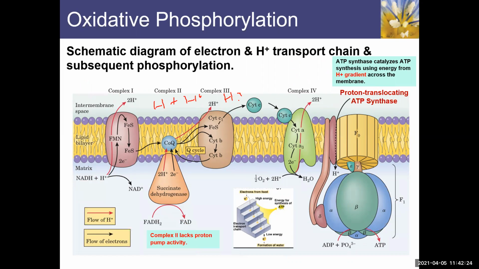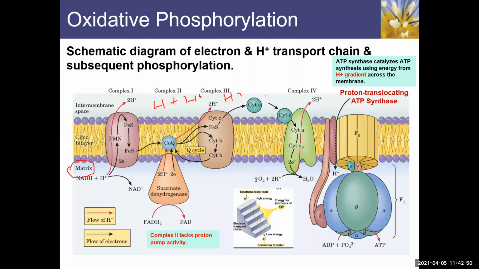He told us that the chemiosmotic theory says that whenever a proton gradient is created on the intermembrane side, these protons will re-enter the matrix.